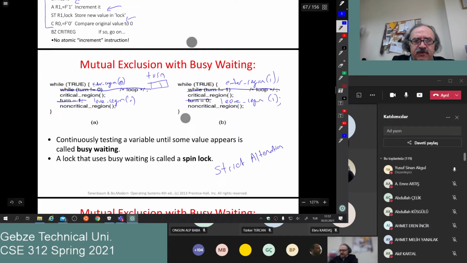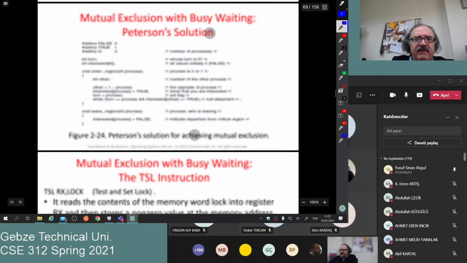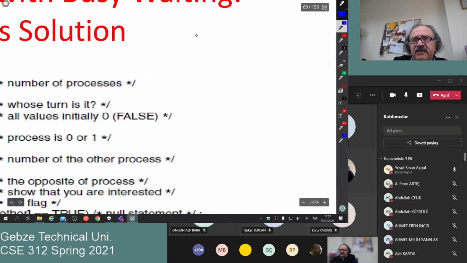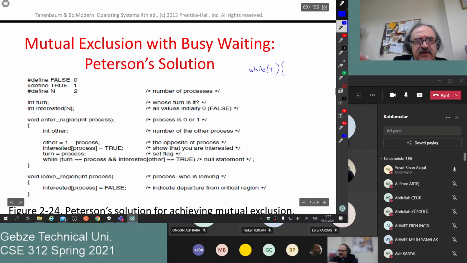Okay, so what I am expecting here is, why don't I write the same thing here? While true, enter region 0, and this is my critical region, whatever I do in it.